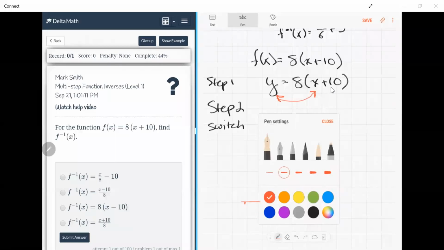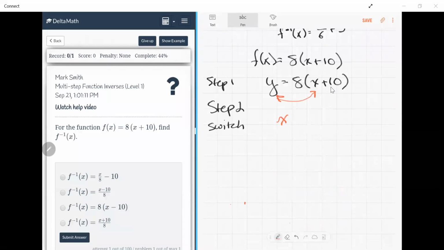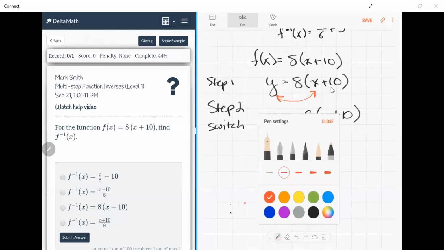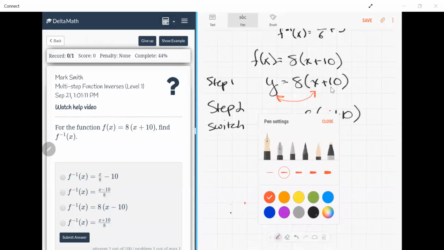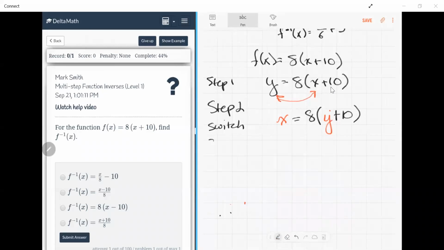And so I'm going to say x equals 8 times y plus 10. All right, and then step 3 was isolate or solve for y.